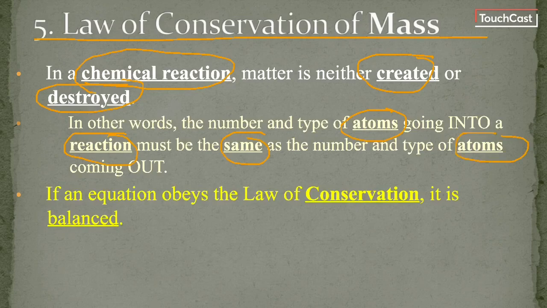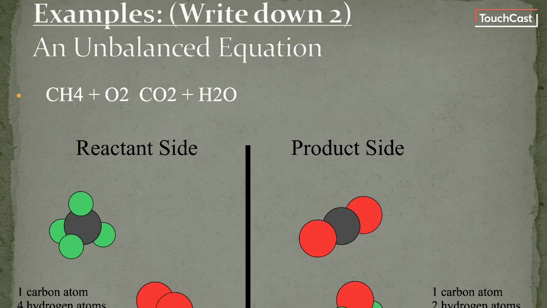If an equation obeys the law of conservation, it is balanced. And that's all we're going to be checking for. When we look at these, we're going to count the number of atoms on the left side and make sure it matches the number of atoms on the right side. That's it.